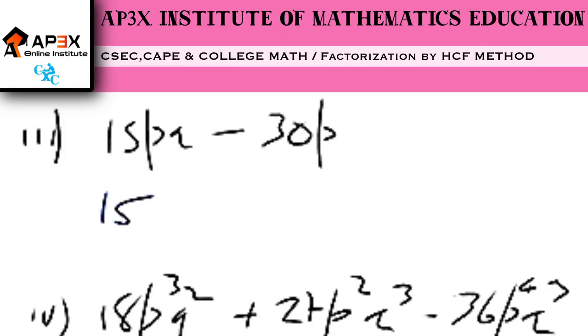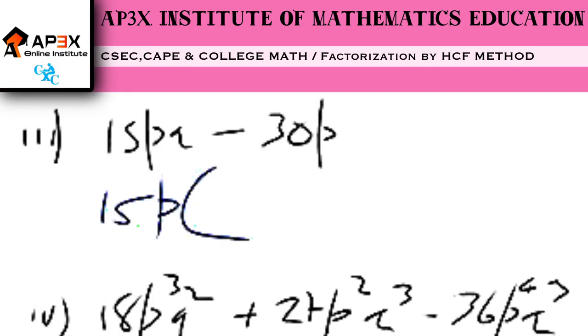So that's 15. Now you notice here that P is repetitive. There's a P here and there's a P here. So therefore that means that P is part of our HCF. All right, now I've already opened my bracket because you notice here that there's a Q here, but there's no Q over here. So Q cannot be a part of your HCF.